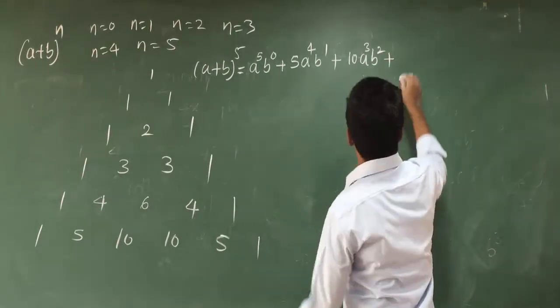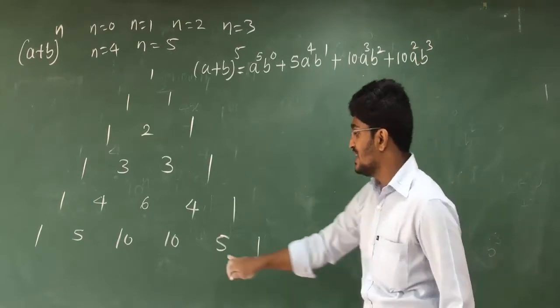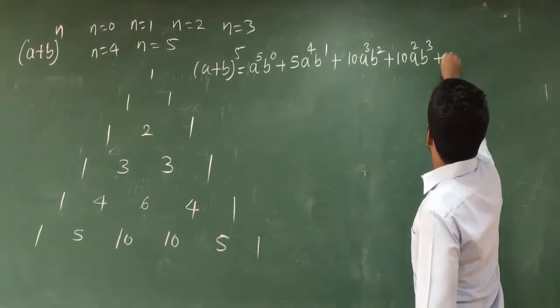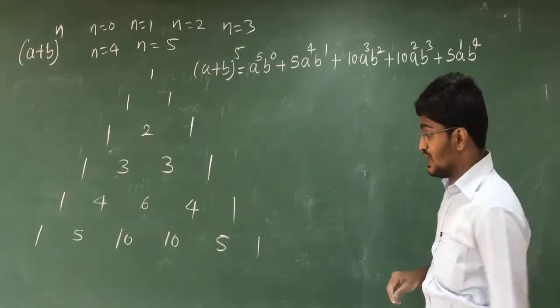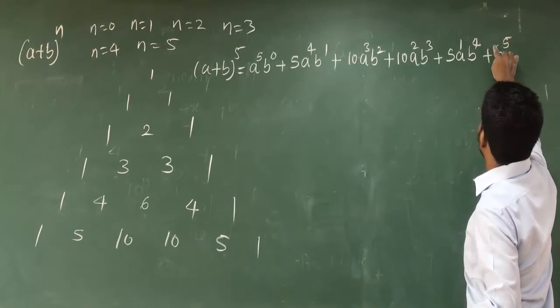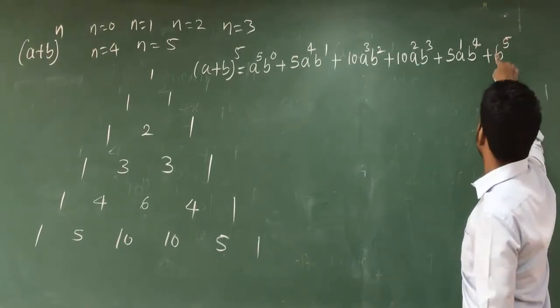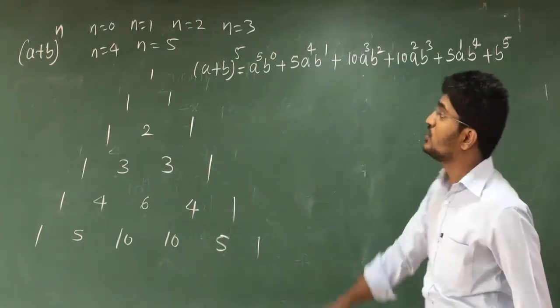Next, 10 a to the power of 2 b to the power of 3. Next, 5 a to the power of 1 b to the power of 4. Last one is 1 b to the power of 5. Here a power will be 0, that is 1. Coefficient is also 1 multiplied with b to the power of 5.